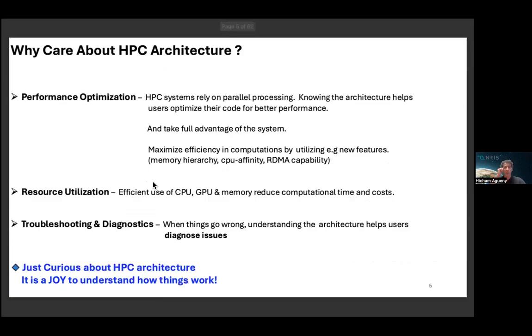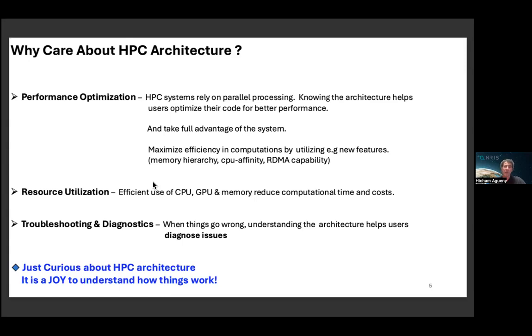Now of course the question is, why should we care about the hardware architecture? I think there are many reasons to understand the architecture of HPC systems. One of the reasons is performance optimization. HPC systems rely on parallel processing, meaning that understanding the architecture helps users optimize their code for better performance.